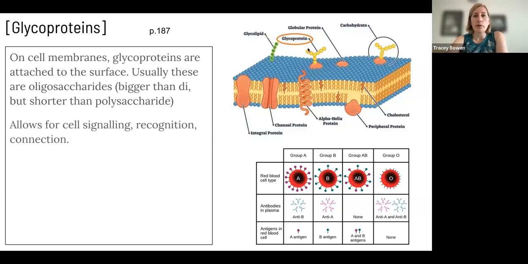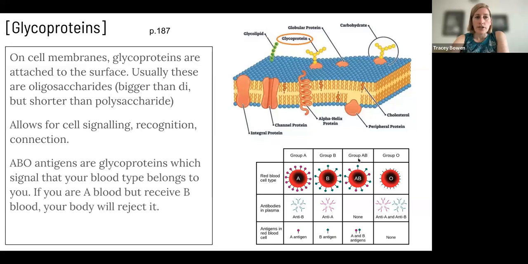Glycoproteins allow for cell signaling, recognition, and connection. We looked at these when we were looking at membrane structure. For example, CAM proteins, or antigens, would also be glycoproteins. ABO antigens are examples of glycoproteins, which signal to your body which blood type you belong to.